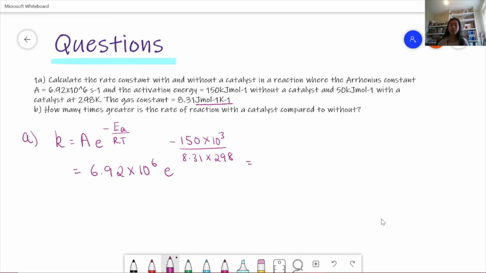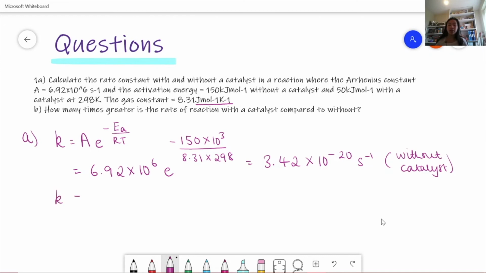So then this comes out to be 3.42 times 10 to the minus 20 seconds to the minus 1. And this is without a catalyst. And then we do the same thing for the one with a catalyst.